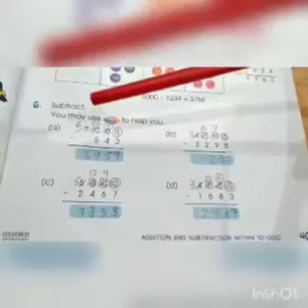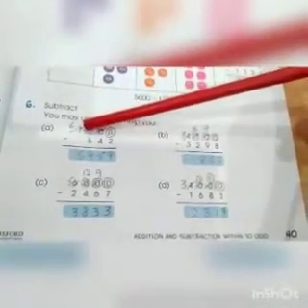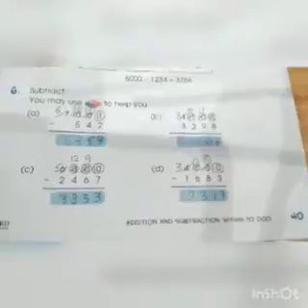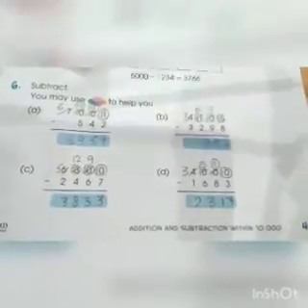Now 7001 is equal to 600s, 9 hundreds and 10 tens. We again need to borrow 1 tens into 11 ones.